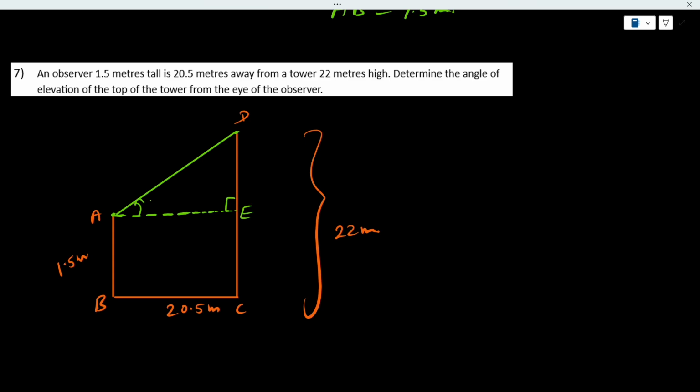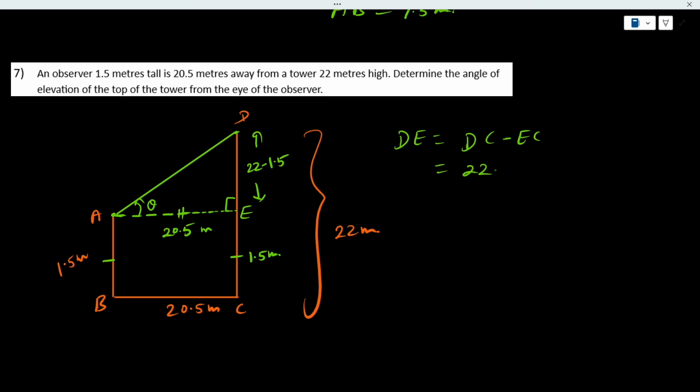This angle we need to find out because this is the angle of elevation, right? Now you know that opposite sides are equal. So this will be 20.5 meter and this will be equal to this. So this is 1.5 meter. What is going to be the remaining length? Here it is 22 minus 1.5. So I can write down here DE is equal to DC minus EC.